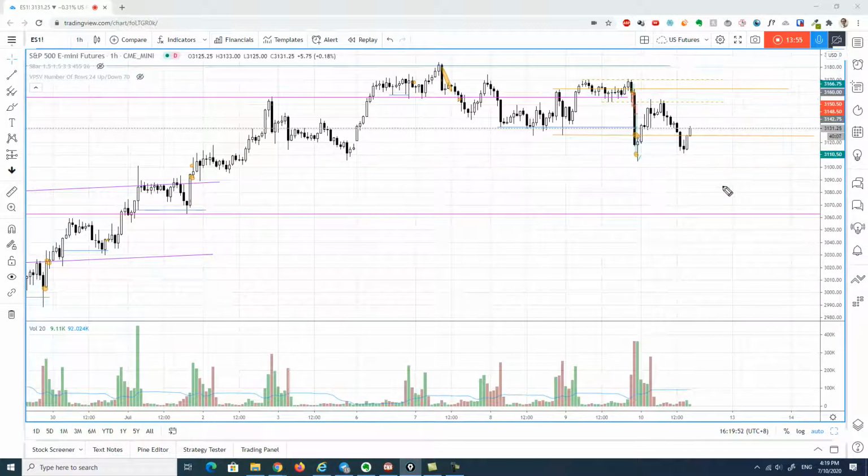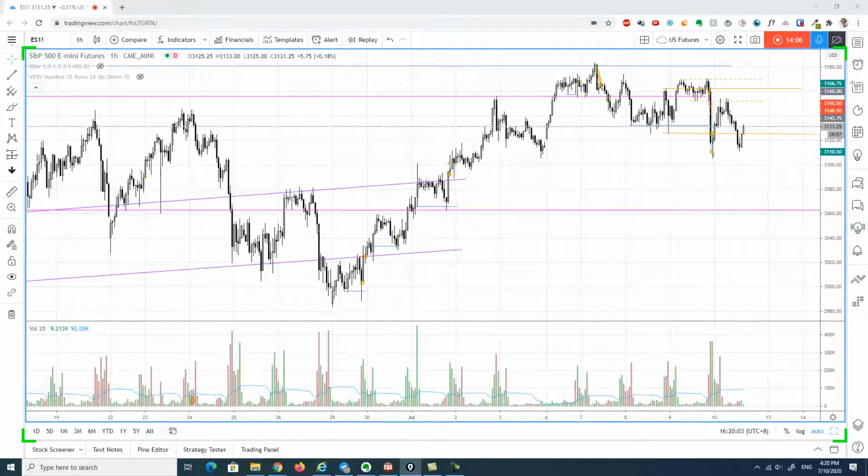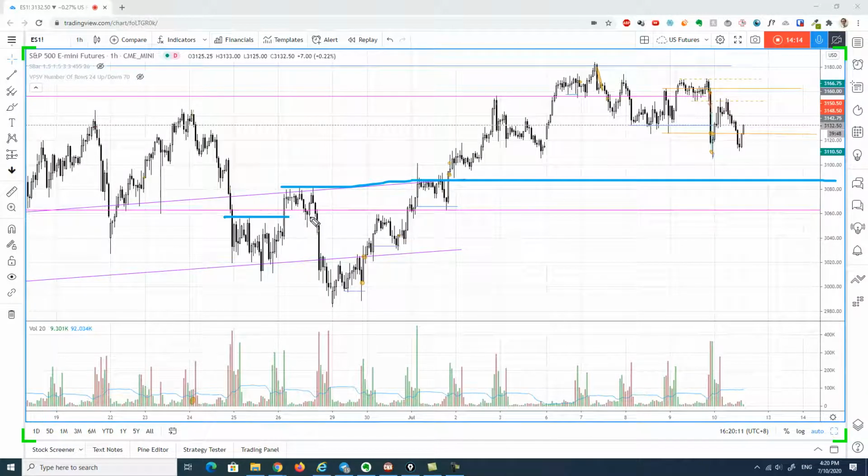And should this break the 3105, if not able to defend, then I think we'll be looking at a lower level. The key level should be around here. So this should be around 3050, and here as well, 3060. So I think these are quite important.